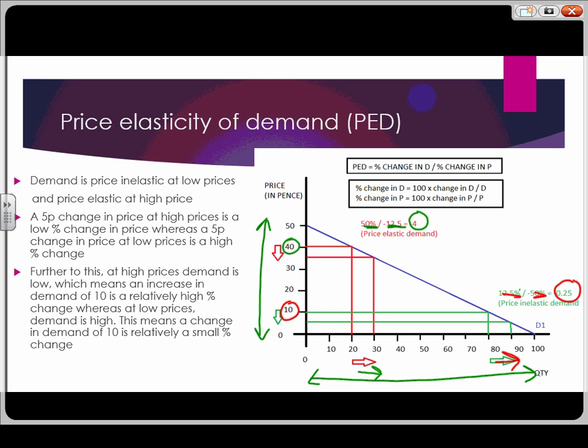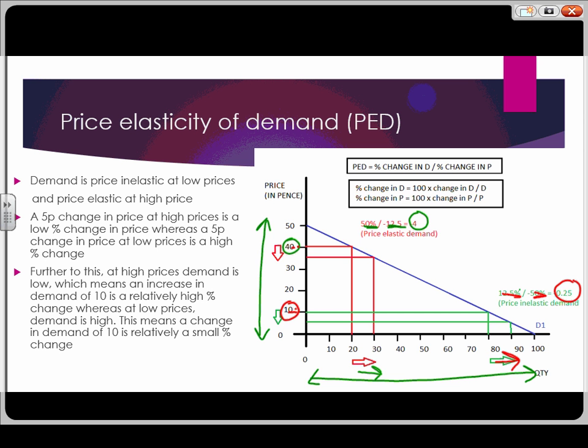Well, think about it logically. When the price is high, say at 40p, a 5p fall in price is a much lower percentage than a 5p fall in price from 10p down to 5p. So it's 5p in both scenarios, but it's a much bigger drop in percentage price when we're at 10p compared to 40p. Then flip it.